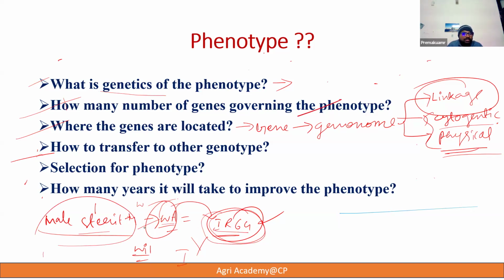Otherwise, any breeding method which involves hybridization can be used to transfer the trait between genotypes. Then, what are the factors you have to look into while transferring the trait?